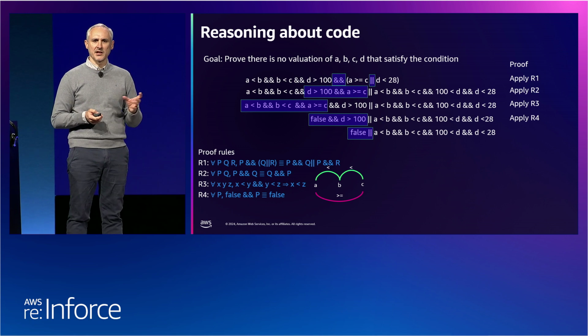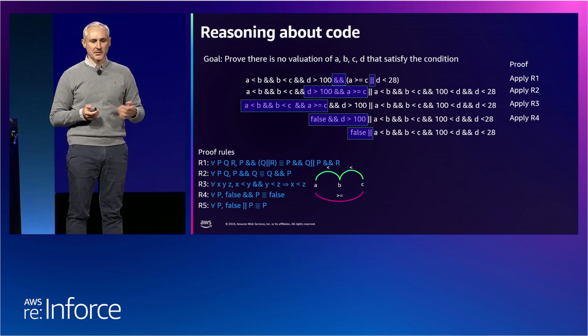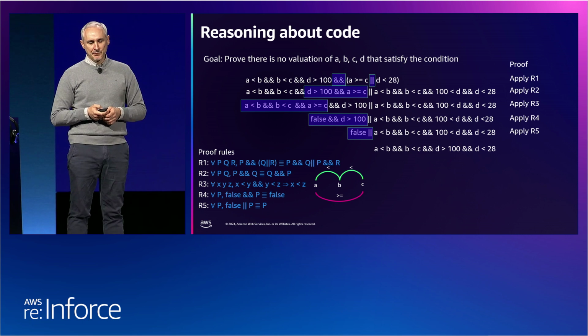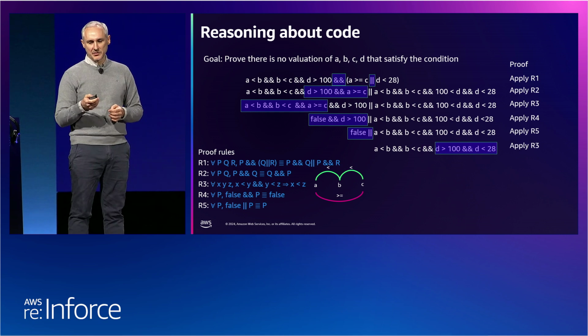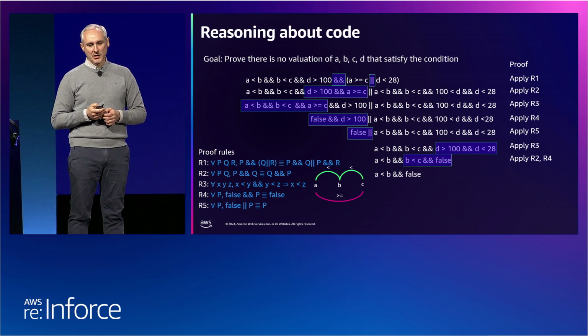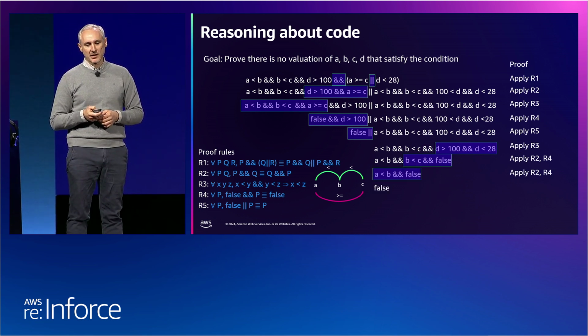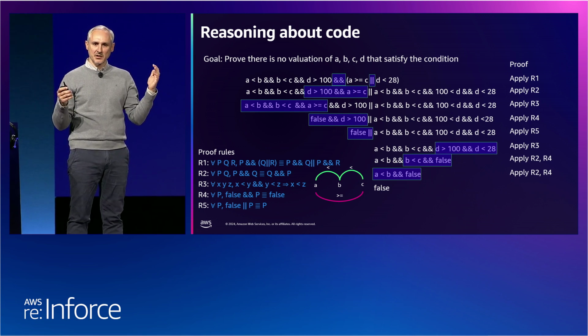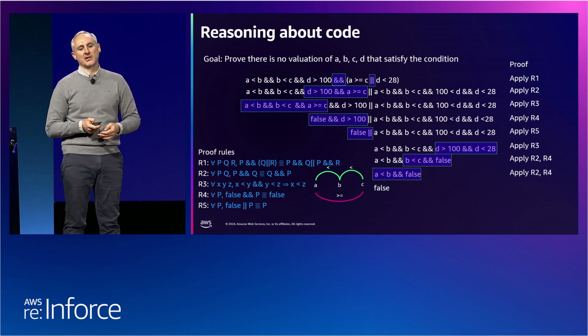False or something else is equal to something else, which is why I can simplify false away. I can continue like that applying rules until I reduce the formula enough. This one is going to reduce to false again by virtue of R3. Then I can swap the terms another time, apply absorption, and I can conclude in the end that this big formula we had to start with actually reduces to false.